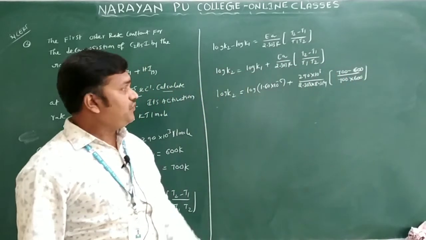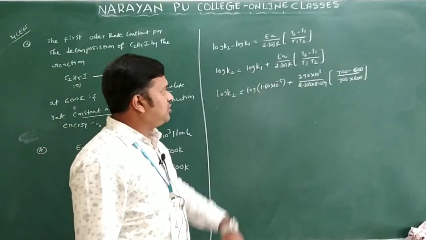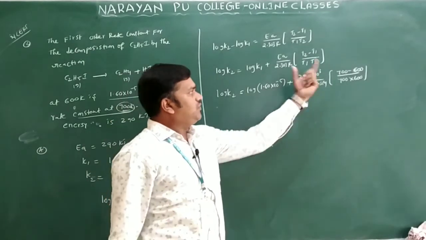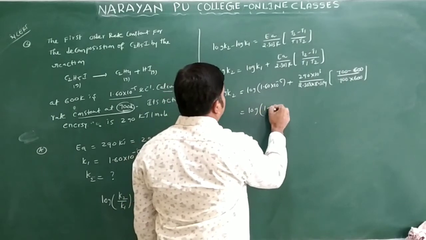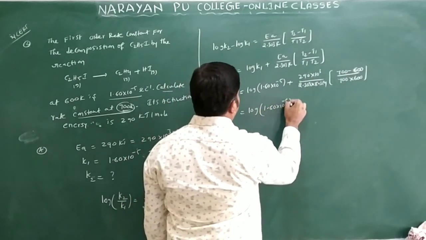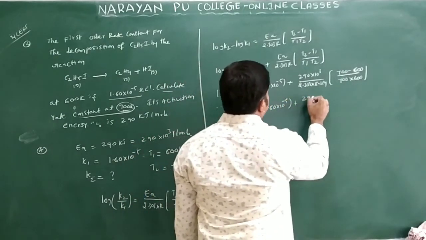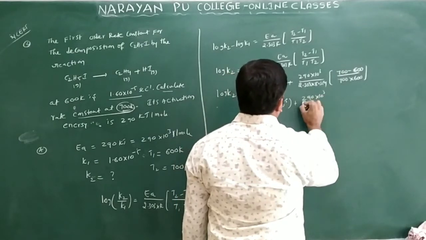First of all, you have to find out this log 1.60 into 10 power minus 5, then we can find this value. So I will write this calculation part again.